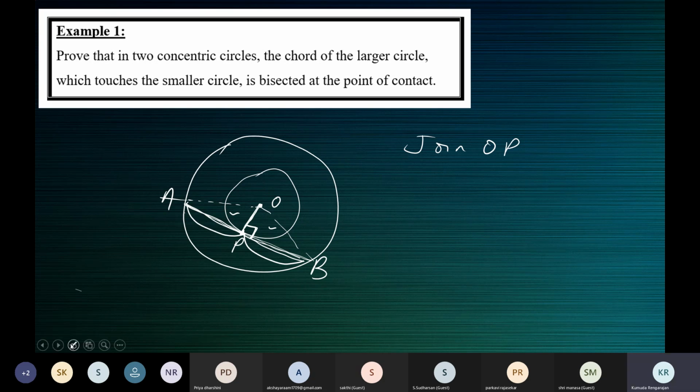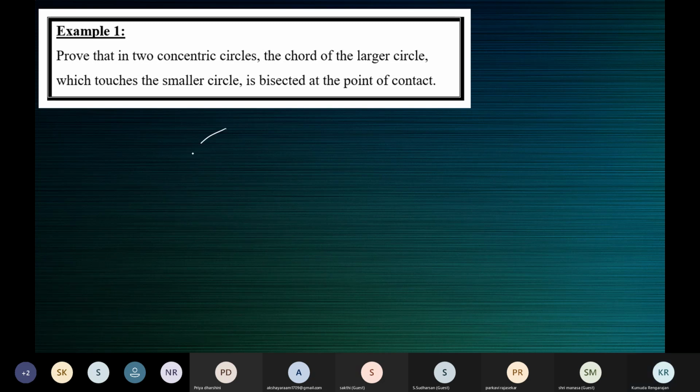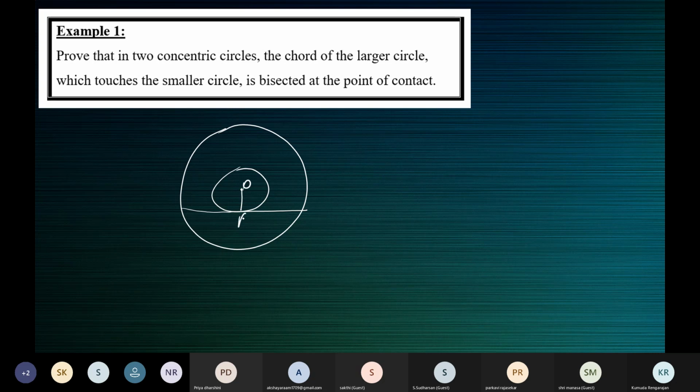Or without using congruency, you can directly do it. You know that this is 90 because radius and tangent are perpendicular to each other. And then in 9th standard we have learned a theorem which says that if the perpendicular from the center to the chord, it bisects the chord.